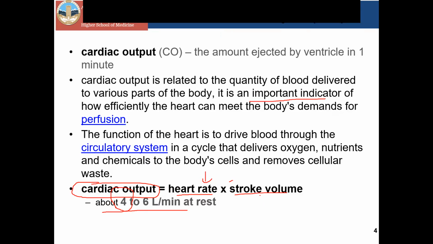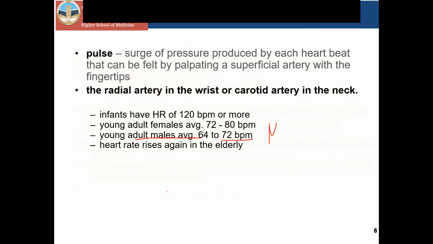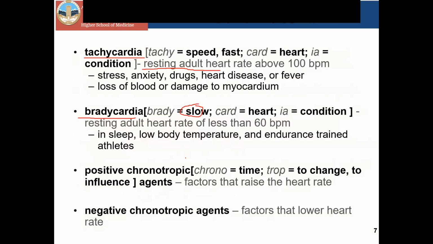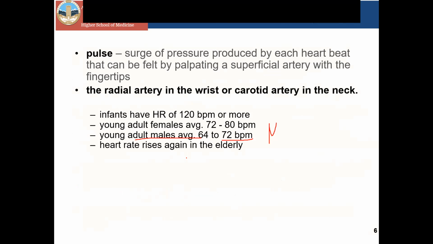That's why we need more heartbeats for normal cardiac output. Understanding this? These two conditions are connected. This is why males have fewer beats per minute. Okay. Okay, doctor.